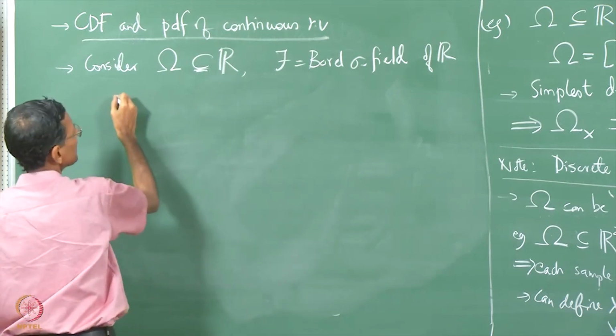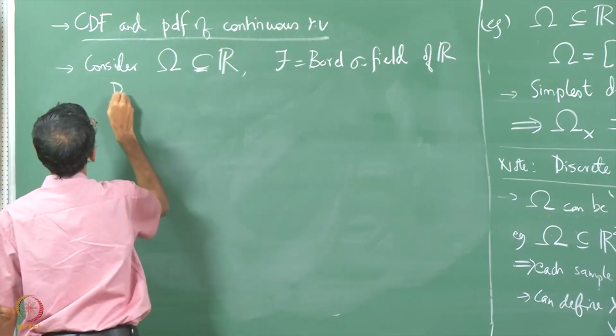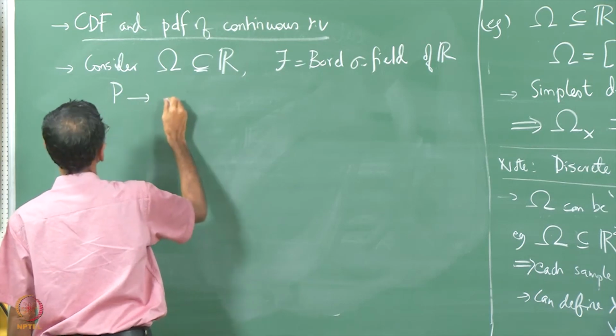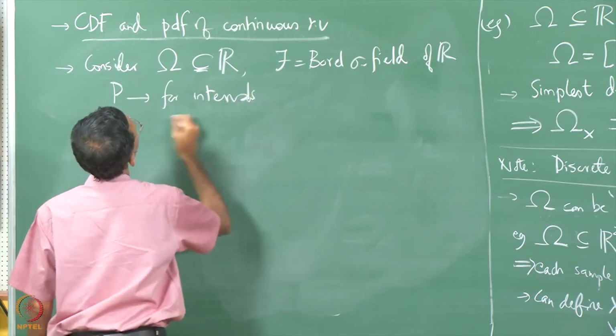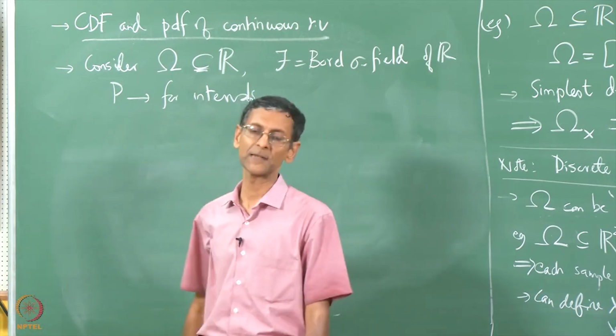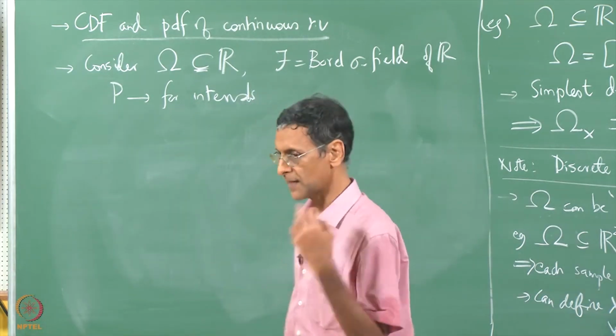So then you have the probability measure P for intervals. This is what we spent a lot of time doing in a couple of lectures back.